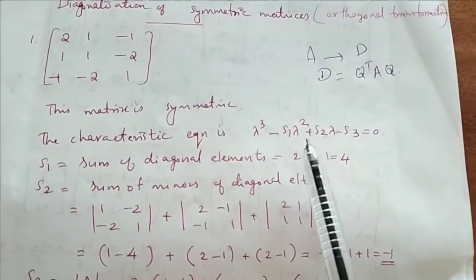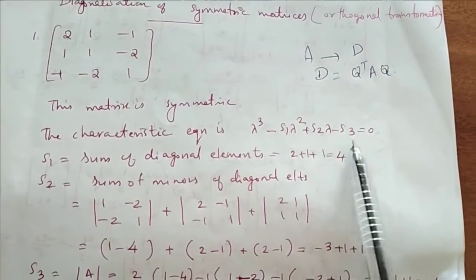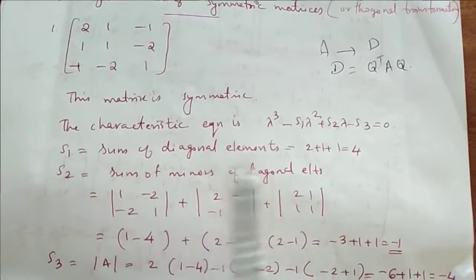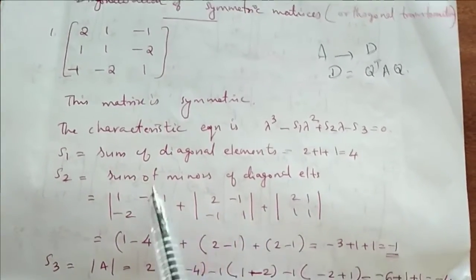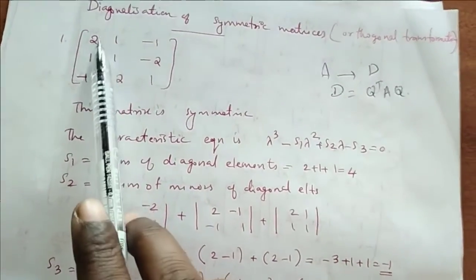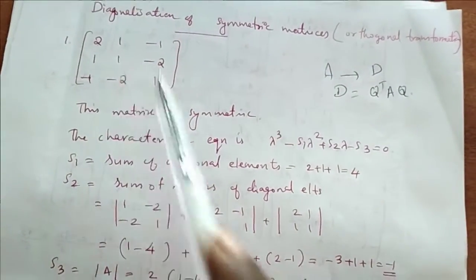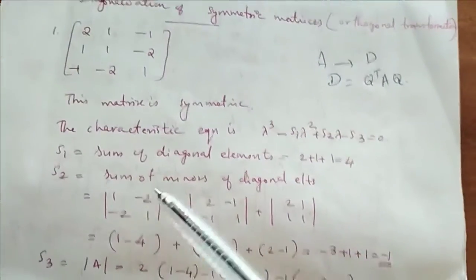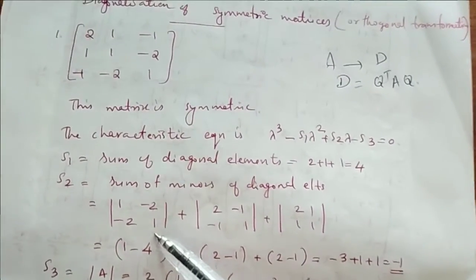It is lambda cube minus s1 lambda square plus s2 lambda minus s3 is equal to 0. s1 is the sum of the diagonal elements, that is 2 plus 1 plus 1, which is 4. s2 is the sum of the minors of the diagonal elements: delete the row and column containing the 2 and find the subdeterminant, 1, minus 2, minus 2, 1.